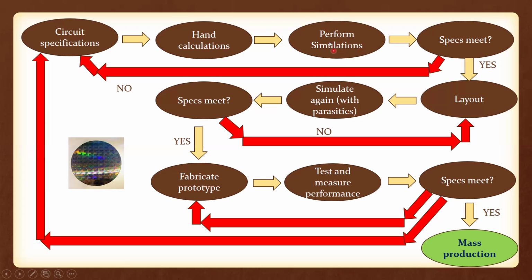Then you move to the next step, that is performing simulation. For this, you use electronic design automation tools, that is EDA tools. So you draw the schematic by picking up the various components from the library. You place them on the screen of this tool, and then you interconnect these transistors together with the resistors.